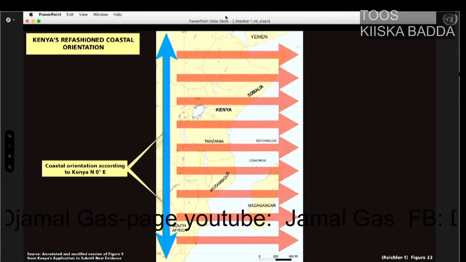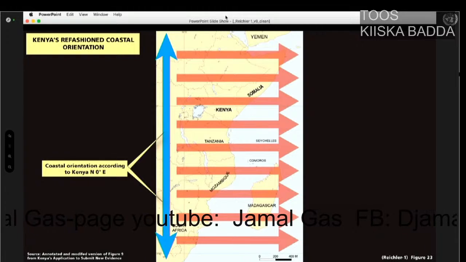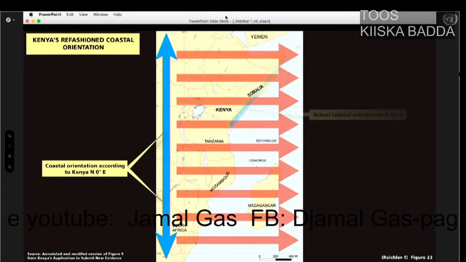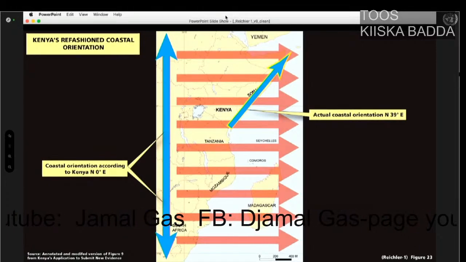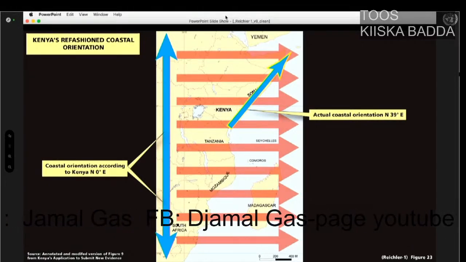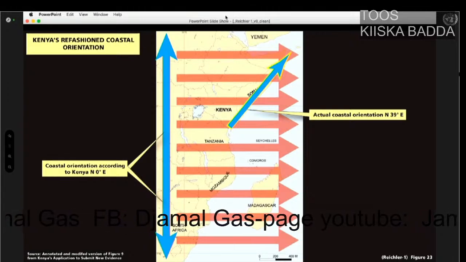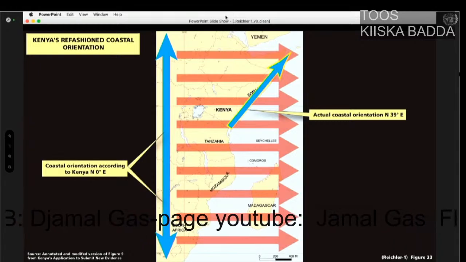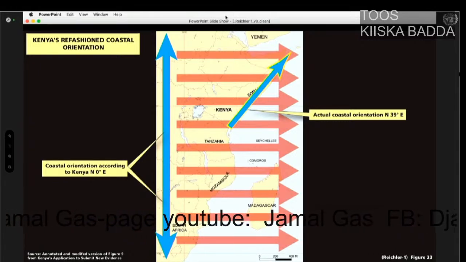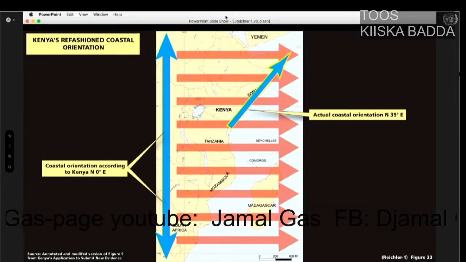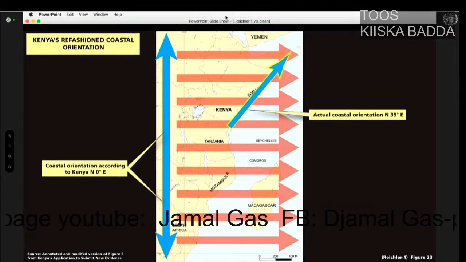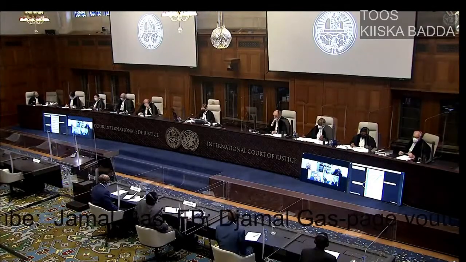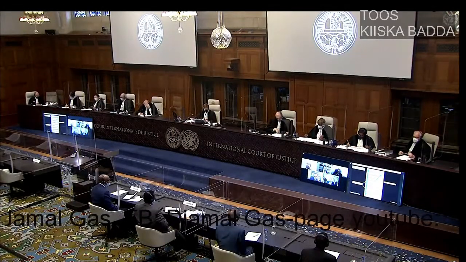As highlighted here, Kenya's imaginary coast runs due north and south at an angle of 0 degrees. This bears scant relation to the actual direction of the real coast, which runs from northeast to southwest, despite Kenya's effort to obscure it with enough arrows to fill an extraordinarily large quiver. What Kenya has done here is completely refashion the coastal geography in violation of the most basic principles of maritime delimitation.